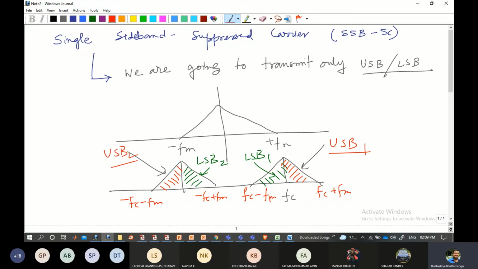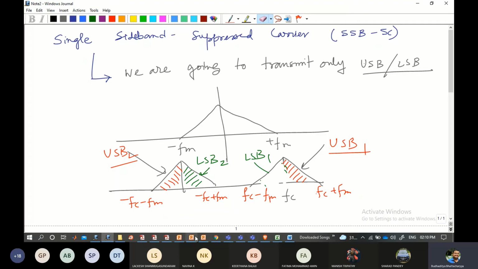But this LSB2 or USB2, if you neglect that, basically what we are doing in DSB is sending both the USB1 and LSB1 together. But in SSB, we will only send the LSB or the USB. So that is the basic advantage.